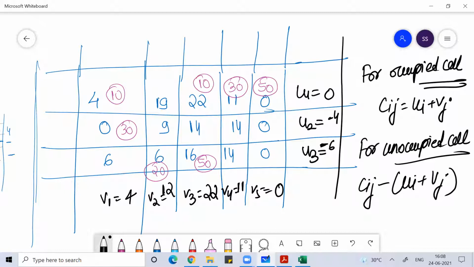Now one by one, focus on unoccupied cells. The first unoccupied cell is this. U1 plus V2 is 0 plus 12, means 12. 19 minus 12 would be positive.